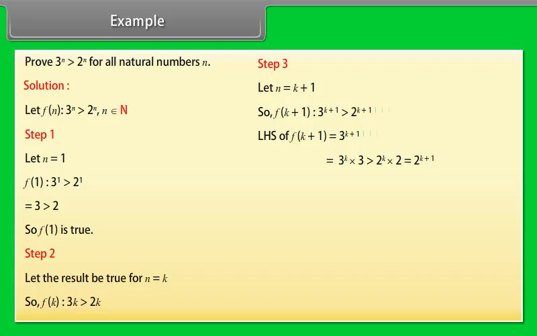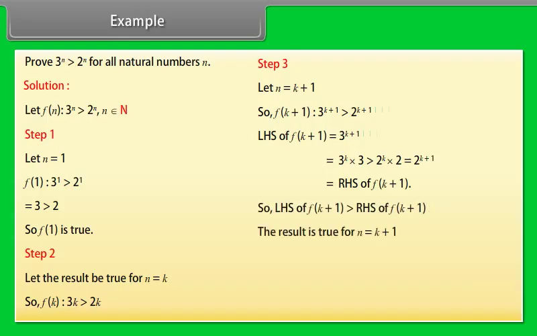That is, 2 raised to power k plus 1, which is equal to RHS of f of k plus 1. So, the result is true for n is equal to k plus 1. Step 4. By principle of mathematical induction, 3 raised to power n greater than 2 raised to power n for n belongs to capital N.